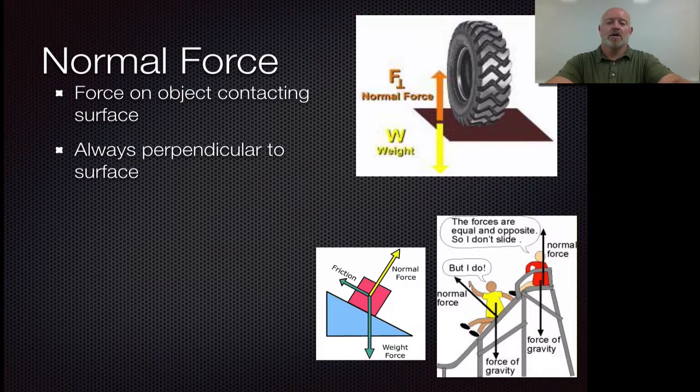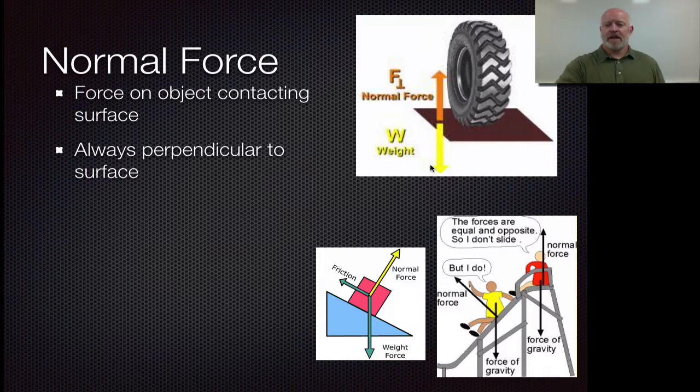Or you sit down on a chair, or you put your plate on a table, or a car rolls down the road, or you walk across the floor of a 10-story building. When you walk across the 5th floor of that building, you're stepping and gravity is pulling you down. So you have gravitational force pulling you down, but that floor is stopping you from moving. So that floor is creating what we call normal force. It's an upward force.